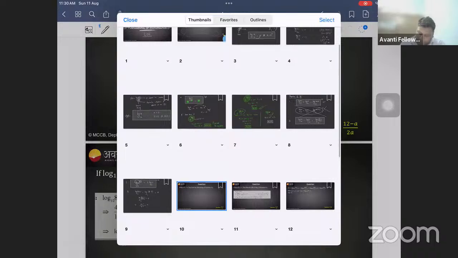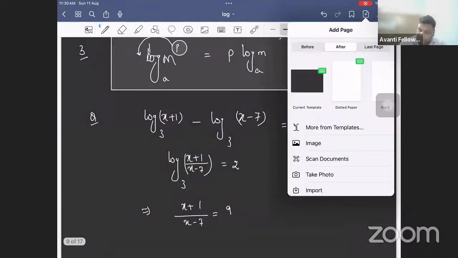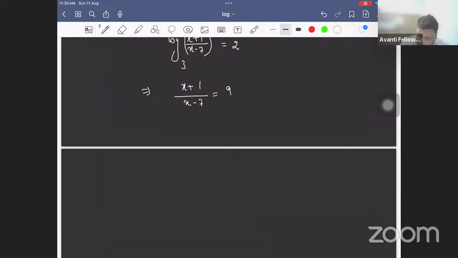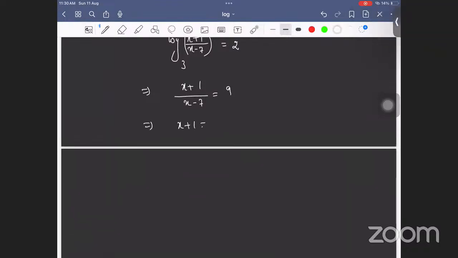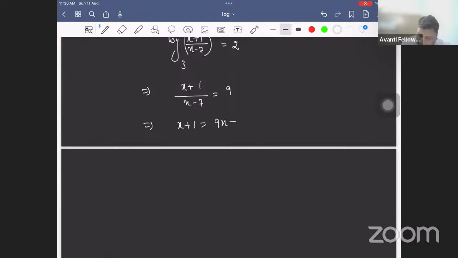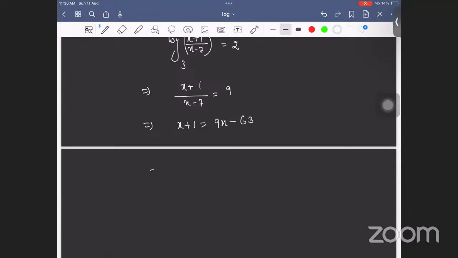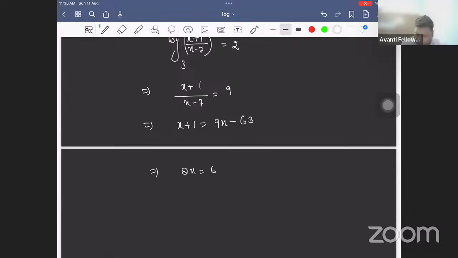Am I clear? Now, if I multiply it, x plus 1 will be 9x minus 63. Clear? So this implies 8x will be what? 64. So x comes 8.